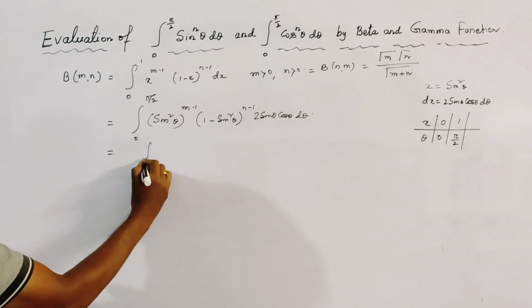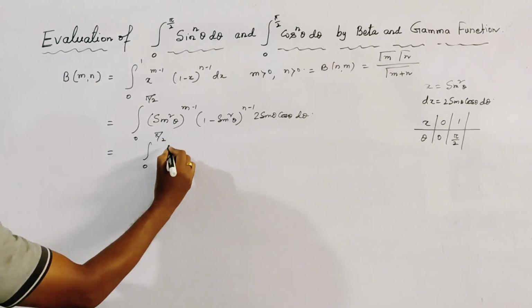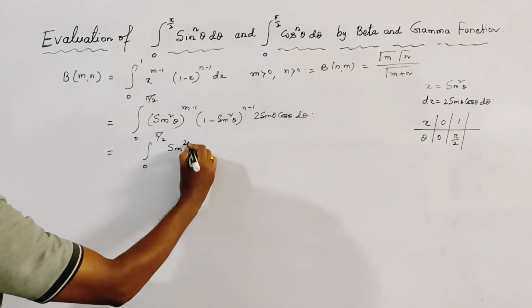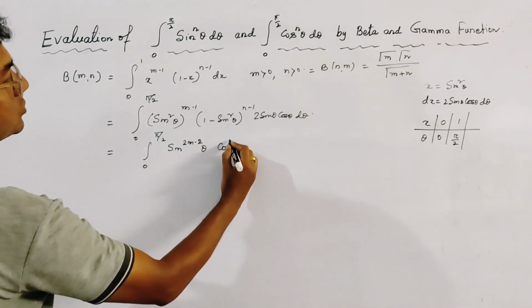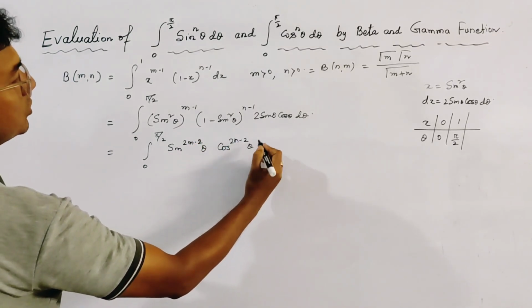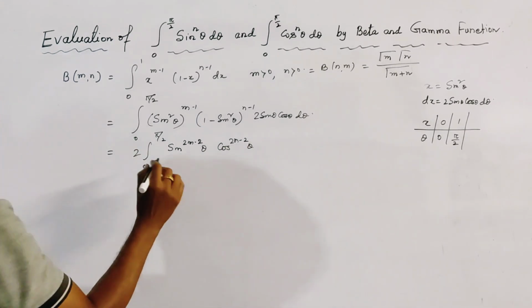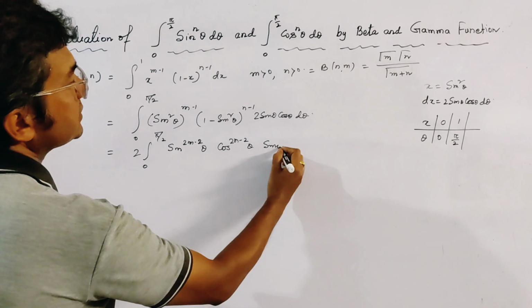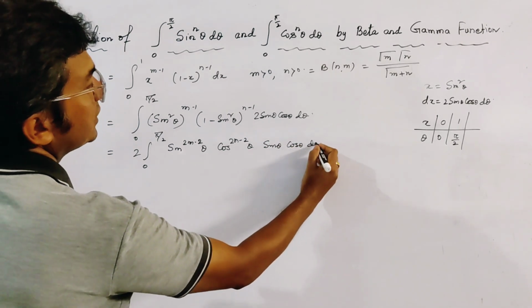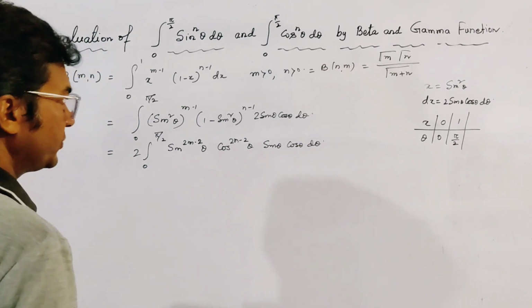And this relation gives the integral from 0 to π/2 of sin^(2m-2) θ cos^(2n-2) θ, and we write 2 outside of the integration, times sin θ cos θ dθ.